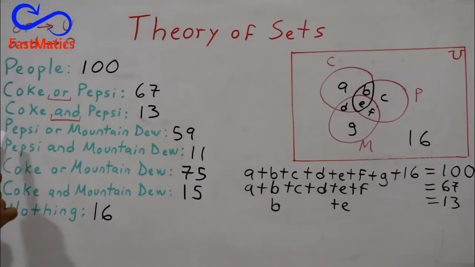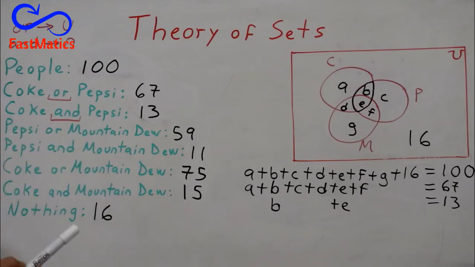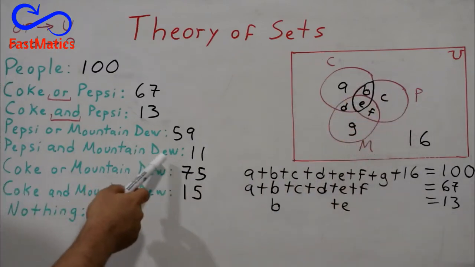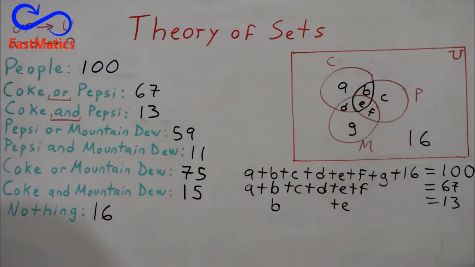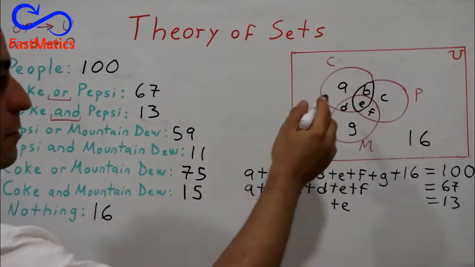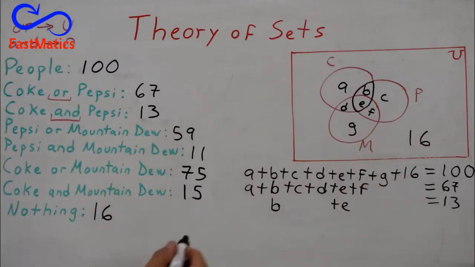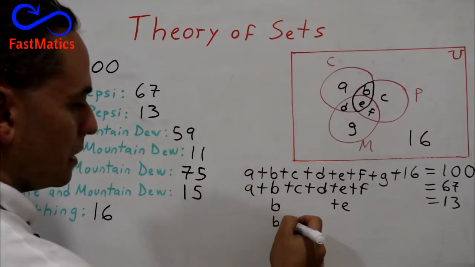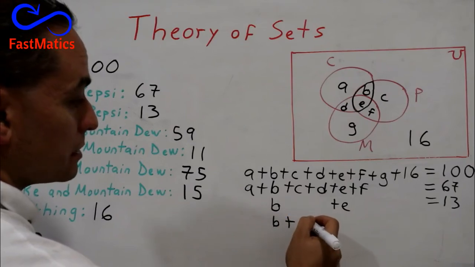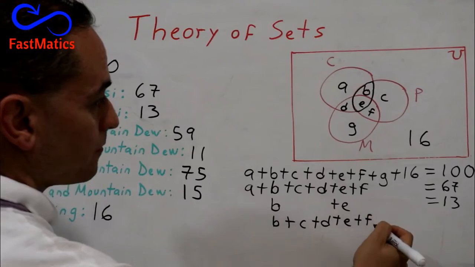After that, we can say that Pepsi or Mountain Dew is 59. That means inside Pepsi and inside Mountain Dew must add 59. Without A, B plus C plus D plus E plus F plus G is equal to 59.